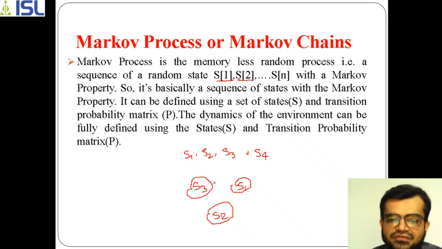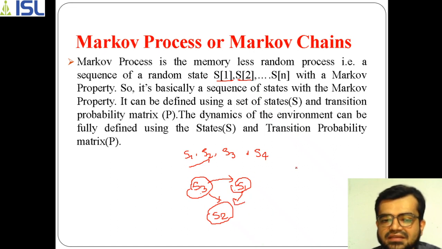When it is going from S3 to S1, it won't concentrate on the previous states, S1, S2. So randomly you can go here, that is all it means. That's why you can term this as Markov chains, or else you can also call it a Markov process.